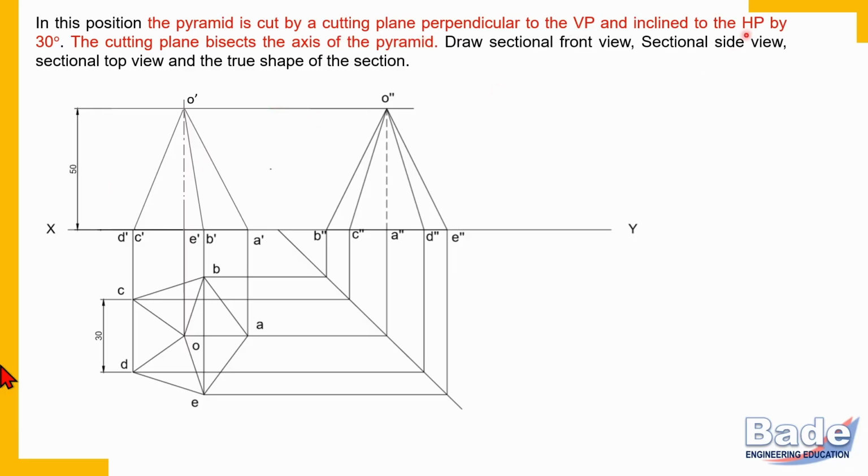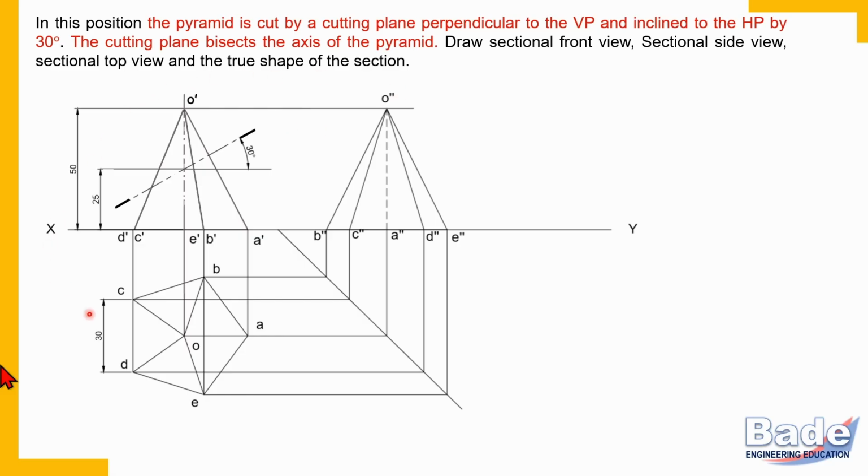Cutting line is in the front view, inclined to HP by 30 degrees. The cutting plane bisects the axis of the pyramid, so cutting plane must pass through midpoint of the axis. Now axis is 50 millimeter long. So locate midpoint of the axis, and through midpoint draw a line at an angle 30 degrees with the horizontal. So this is how we have located the cutting plane.